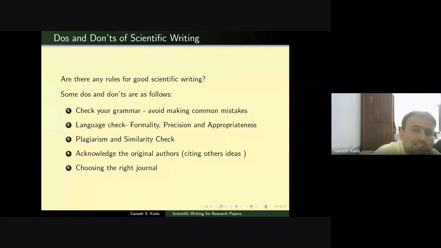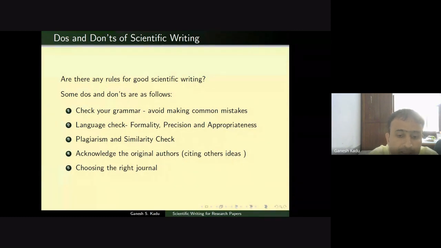People don't expect you to be good at English. When you send your paper for publication, people understand that, since we are Indian and not native speakers of English. So people don't expect you to be very good at English.